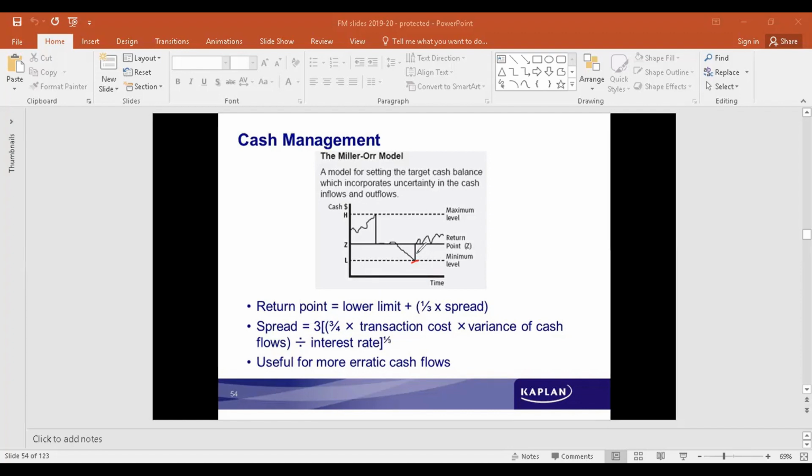So they liquidate this amount and see that it comes back to the return point. We see that the fluctuations carry on that way. This is called the Miller-Orr model.